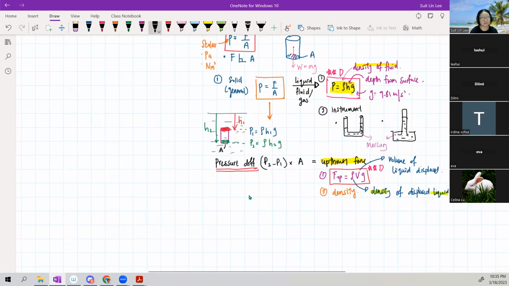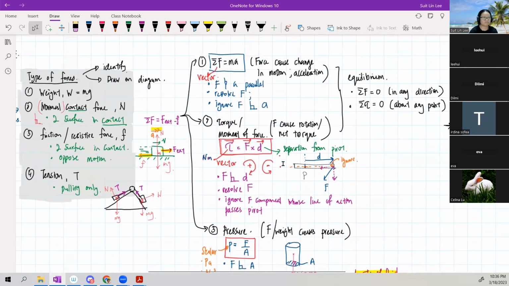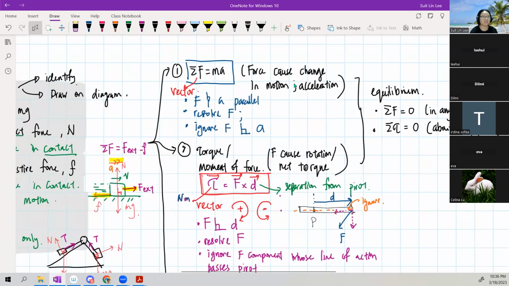I think I'll just write down here. Number 4, we need to look at work done. In other words, when there's acceleration, force causes a change in energy. By the way, for example, if you change motion, your KE changes.